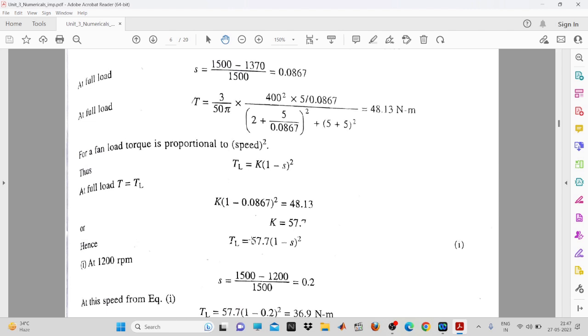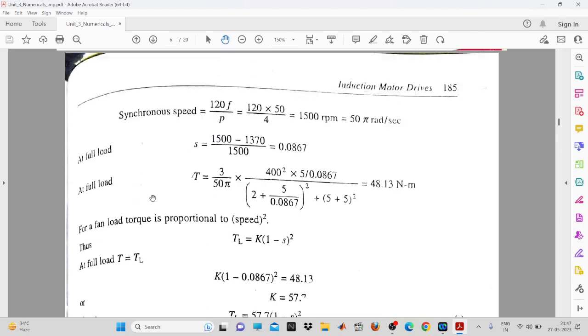If you are changing the frequency, then the synchronous speed will be a variable parameter. But if you are not changing the frequency, if you are not changing any pole, then the synchronous speed will be a constant parameter. So you just do the small mathematics, and you'll come to know that this will be the formula, or rather it's not a generalized formula, it is the formula for the fan type of load.